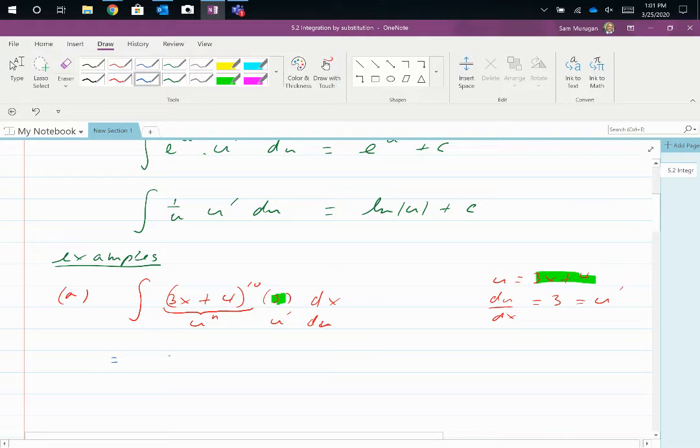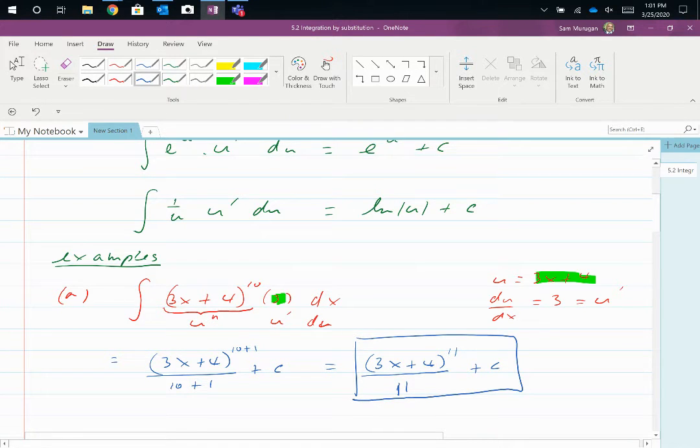So we use the rule directly, and this is equal to 3x plus 4, add 1 to the power, divided by 10 plus 1, plus c. So this is 3x plus 4 to the power 11 over 11 plus c. Plus the constant. Don't forget the constant.